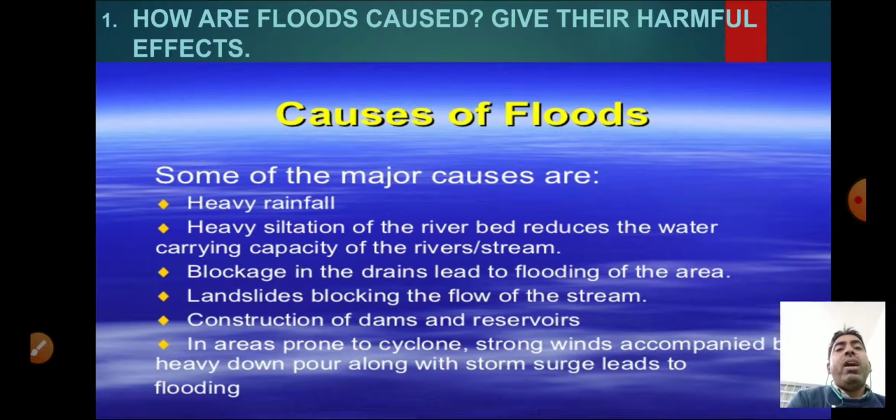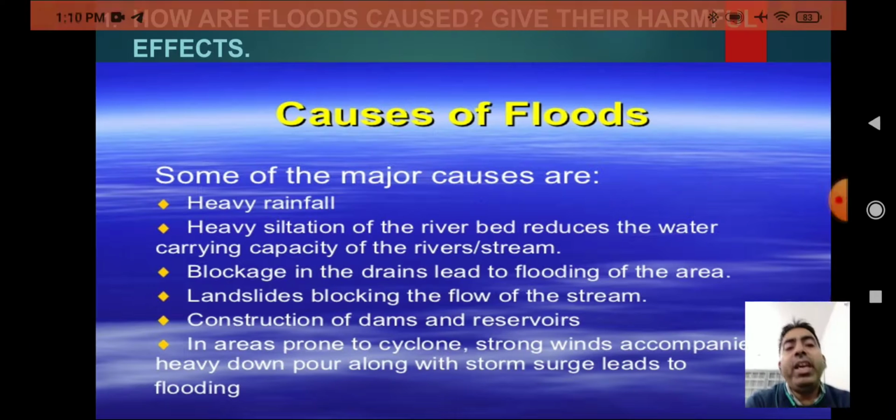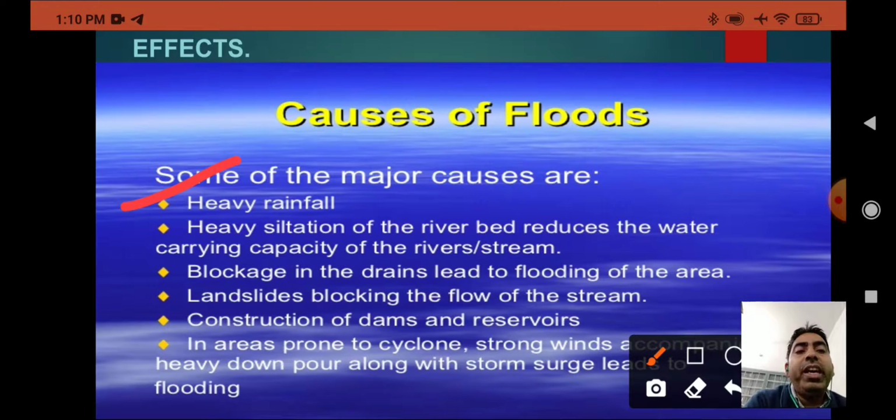So these are the definitions of drought, and I would like to give one more answer: how are floods caused, and give their harmful effects. Some of the major causes of floods are heavy rainfall. Heavy siltation of the river bed reduces the water carrying capacity of the river or stream. Blockage of drains leads to flooding of the area.